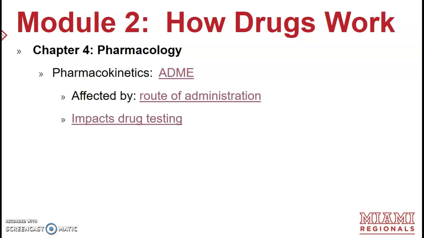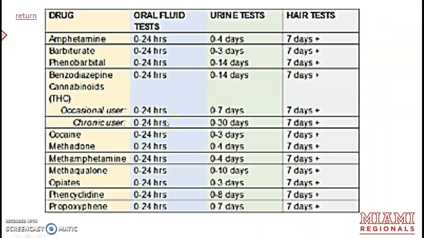Some other things that I mentioned as well, that the pharmacokinetics, or absorption, distribution, metabolism, excretion, impacts drug testing. I know this isn't the greatest graphic, but we'll talk in this chapter about how some drugs can be detected in, let's say, saliva. Other drugs can be detected in urine. Other drugs can be detected in hair or other body cells for a certain number of days.